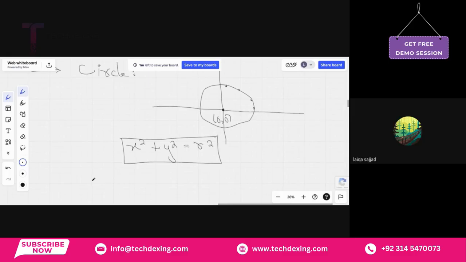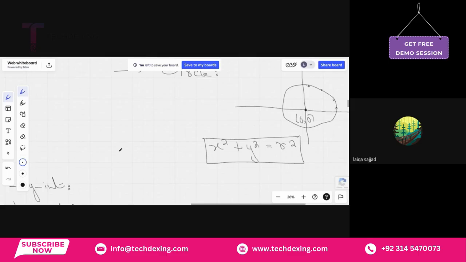When do we use it? We use it when the center is at the origin, when the center has the coordinates 0 and 0.